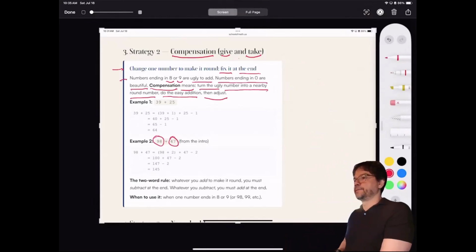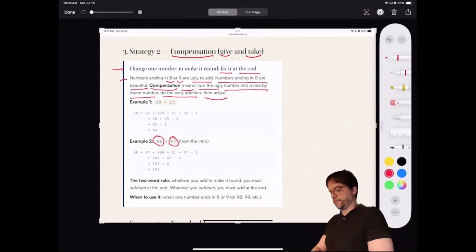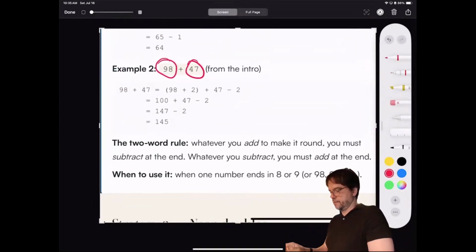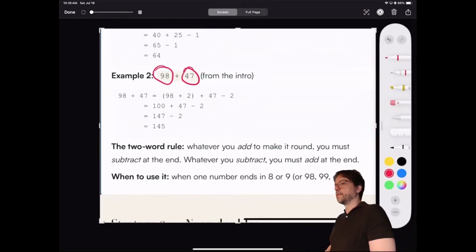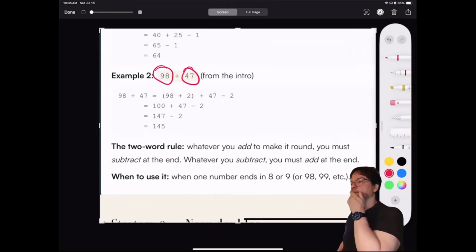In your mind. How would you do that? What would you do with 98? Exactly. How much is 100 plus 47?